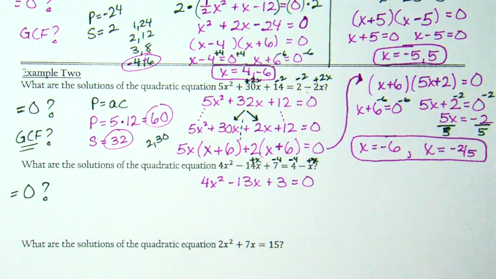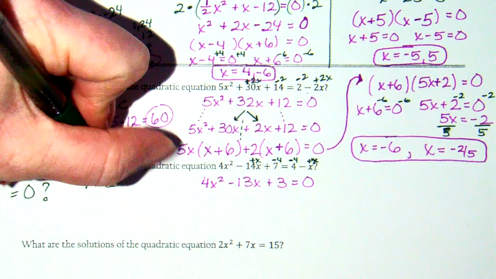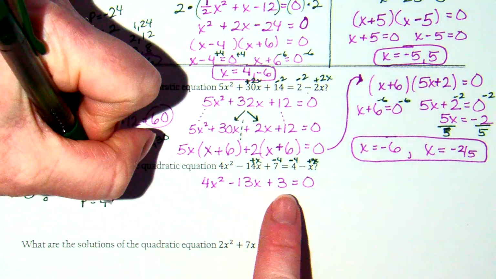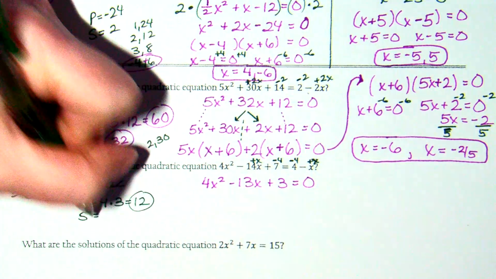No GCF. What's the factoring I'm trying to do then? Product of AC, because there's a number in front of x squared. So product of 4 times 3, which is 12. And what do I need those numbers to add up to be? Negative 13.